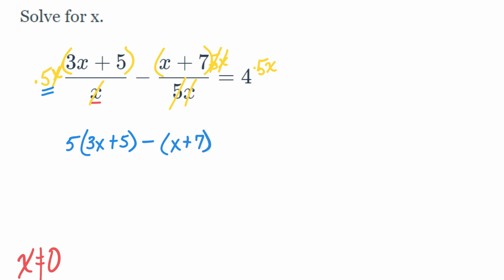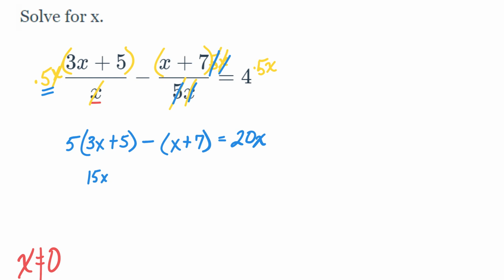Even though we canceled both the 5 and the x, we still have a subtraction of a binomial, so we need these parentheses. And on the other side, we have 4 times 5, 20, with an x. So now we've gotten rid of the rational expression because we have no variable in the denominator. So we're going to continue on here.